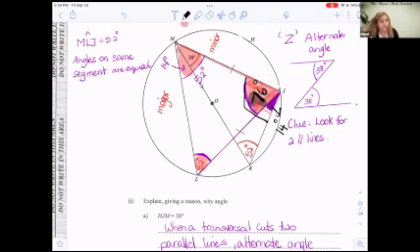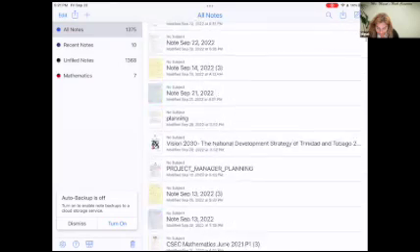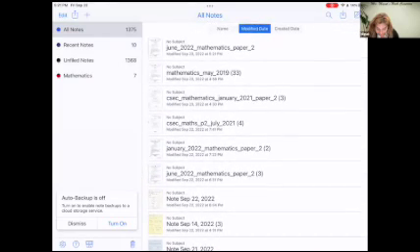Another clue is to look for the angles on the same segment. Once the angles are on the same segment, they are equal. And we know isosceles triangles have two angles that are the same. All right, so we're continuing.